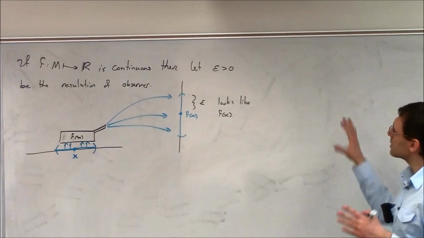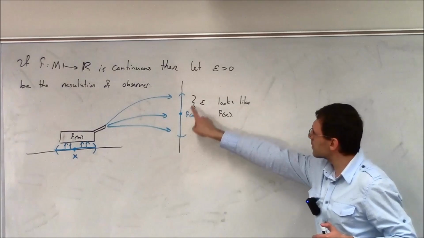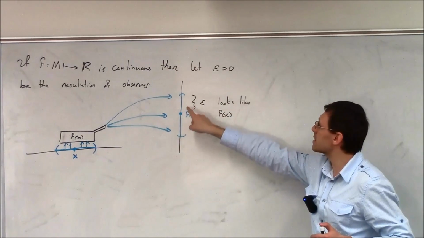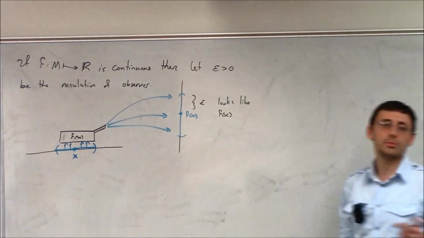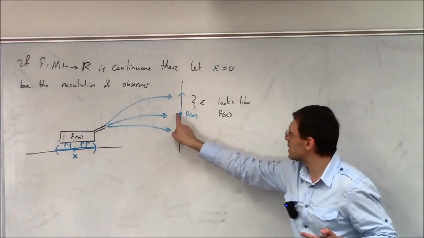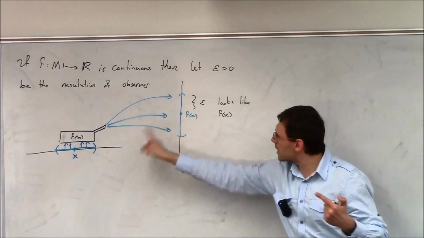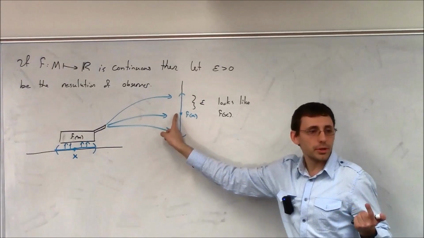For the observer of radius epsilon, everything that is within distance epsilon of a point will be judged as if it is mapped to this 1 point f of x.